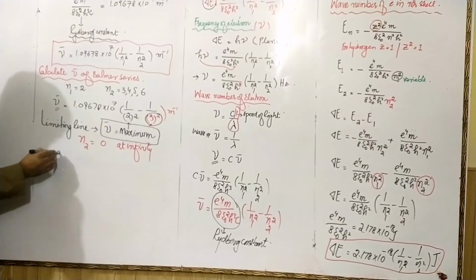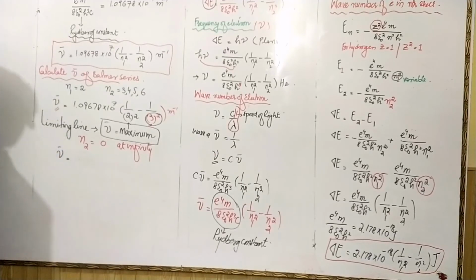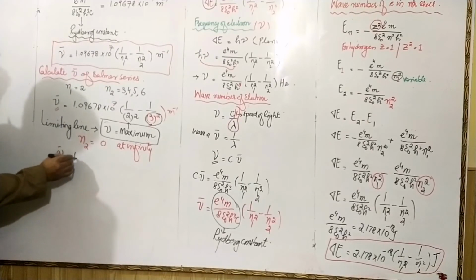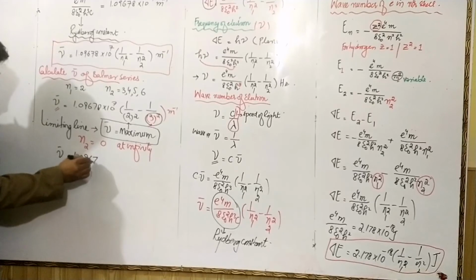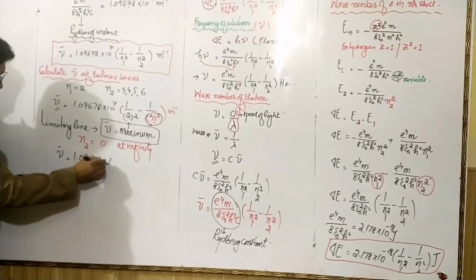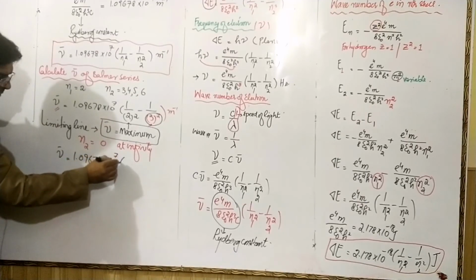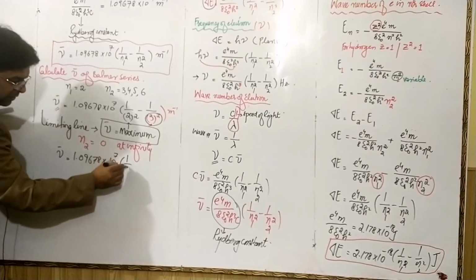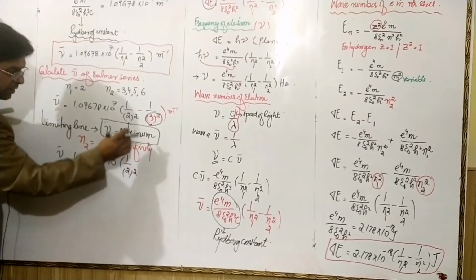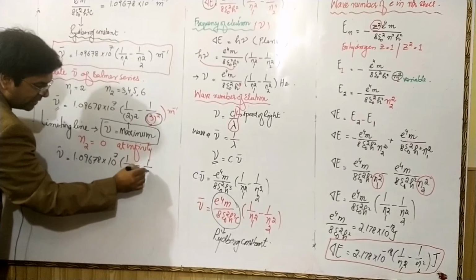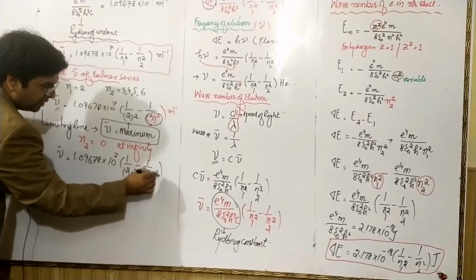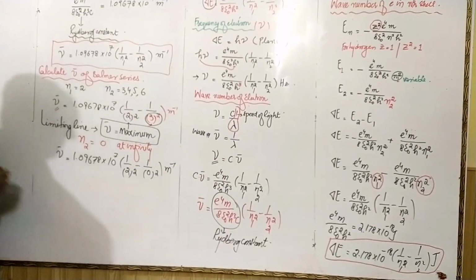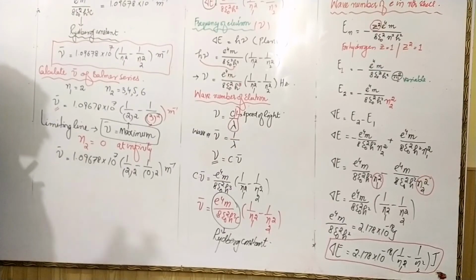For Balmer series, the limiting line will be equal to 1.09678 into 10 raised to 7 into 1 over 2 square minus 1 over infinity square. It will be called the limiting line of Balmer series, obtained by putting the value of n2 as infinity.